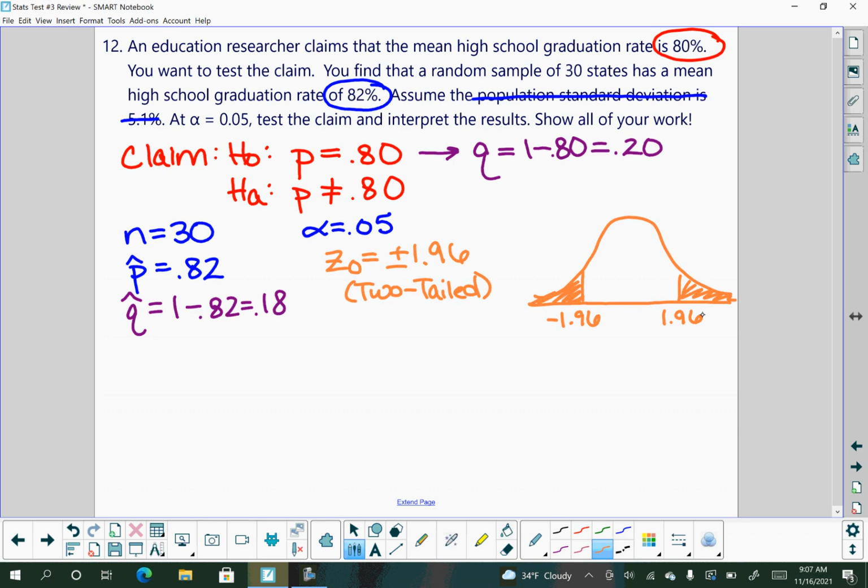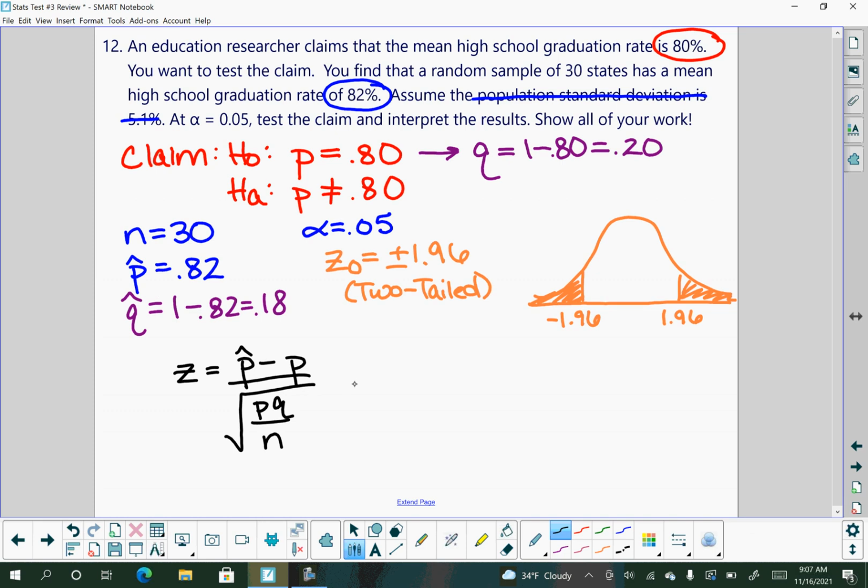Okay, the next thing we're going to calculate is our sample statistic, and I'm going to go ahead and put that formula on here for you. Again, it is a Z value that we're calculating, and you can find it on your formula sheet if you need it. So we're going to use P hat minus P over the square root of PQ all over N. And we have all the information we need here. Actually, Q hat in this problem is also extra information.